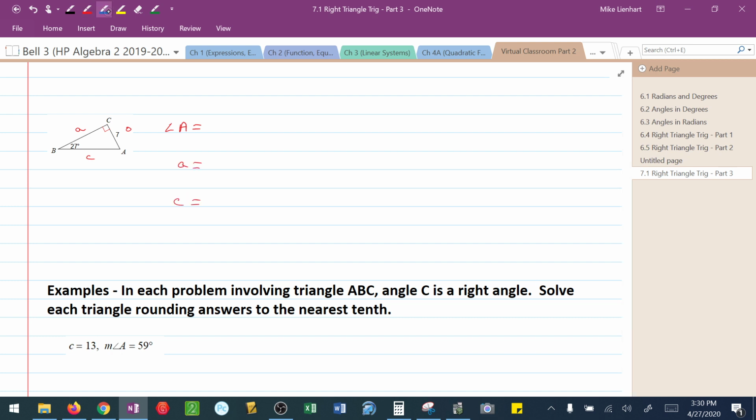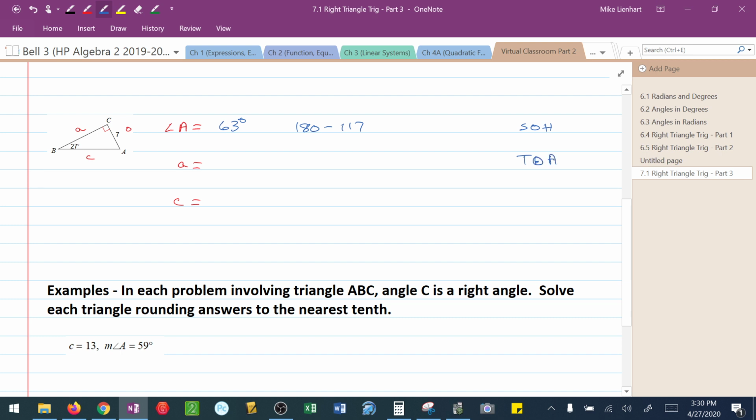Now to find angle A, because I know 2 of the angles, and there's 180 degrees in a triangle, 180 minus 117, what is that going to give me? 63 degrees. Okay. Thinking SOH CAH TOA again, if I know the opposite, I'm either going to be using the sine function or the tangent function.